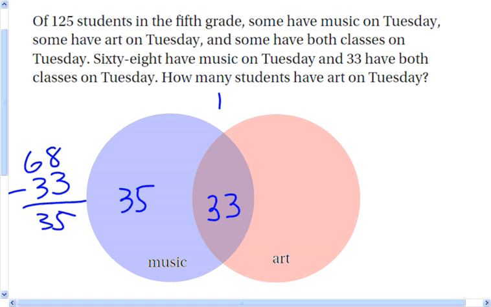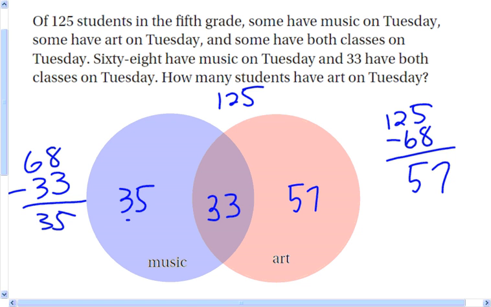We know there's 125 total, so that means that 125 minus 68 would equal the number that have art only, which is 57, because all three of these have to add up to the total.